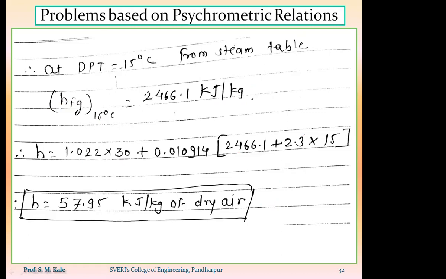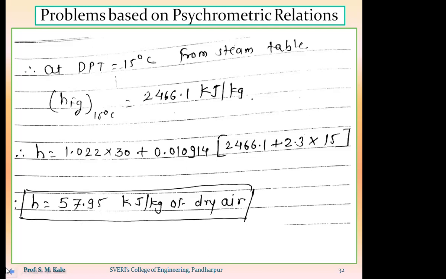Yes or no? Write in the chat box. Is there any query, any question? If you are facing any query or question, you can ask me. I will give 1 or 2 minutes.